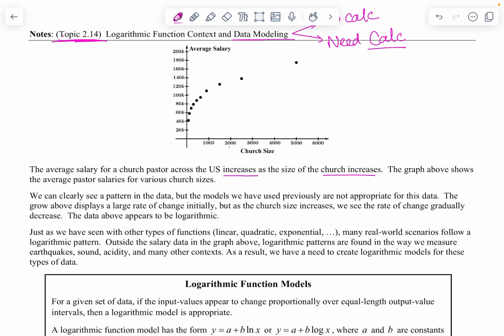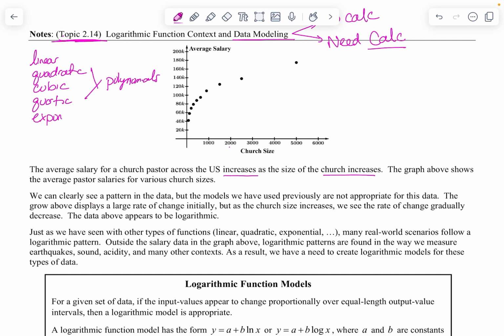But the models that we've used previously are not appropriate, right? If you remember the models that we've done so far, we've done linear. Obviously, this is not linear. We've done quadratic, cubic models, quartic. I'm not going to put them all, but basically all the types of polynomials.